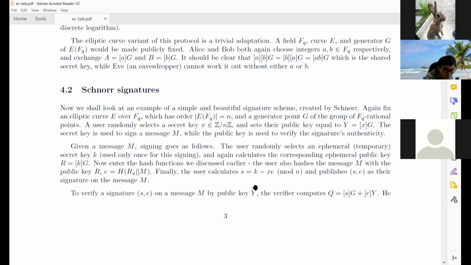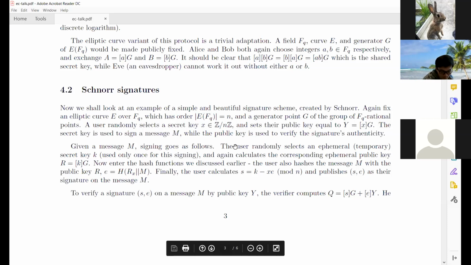If you just look at this equation, you can think, is there some way that I could play around with the numbers and the curve point and somehow work out what x is or what k is? Or if I'm calculating this stuff in here, then I've worked out what r is, does that tell me anything extra? Well, there are a few moving parts, and this is quite a basic example.